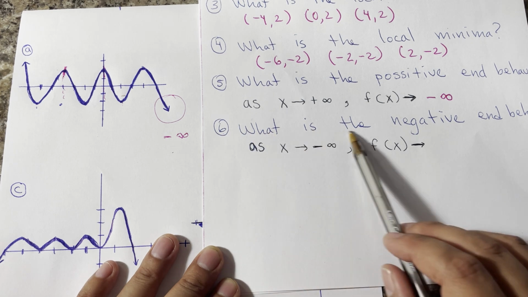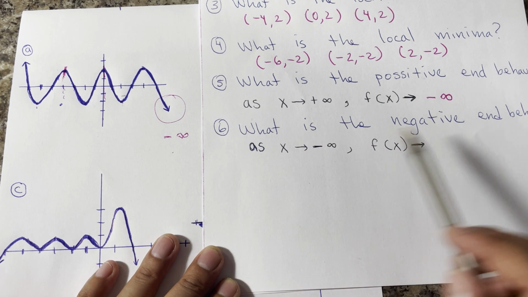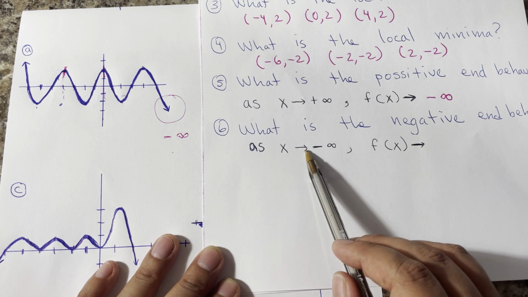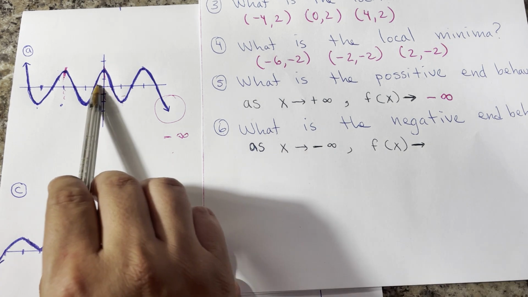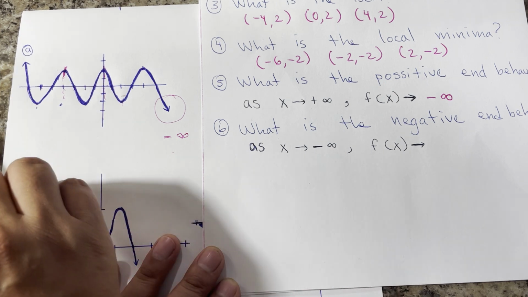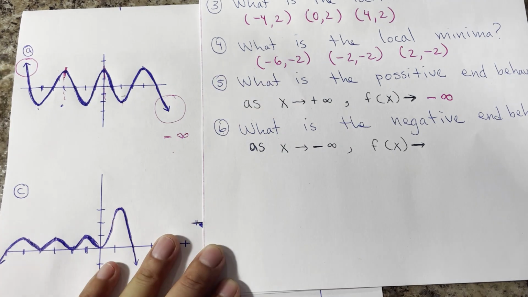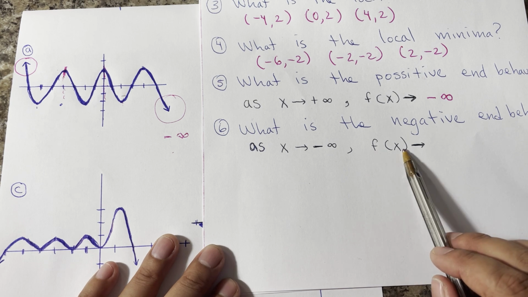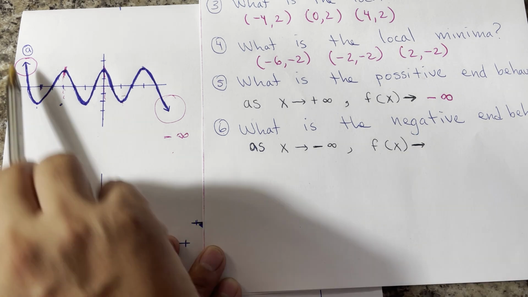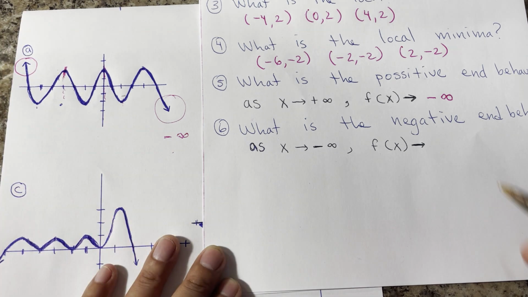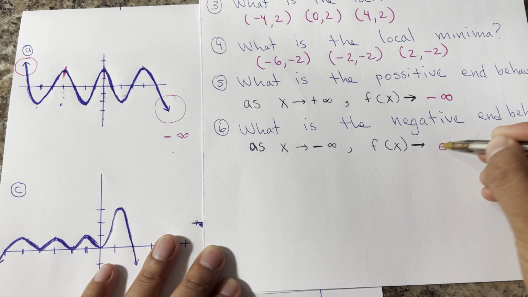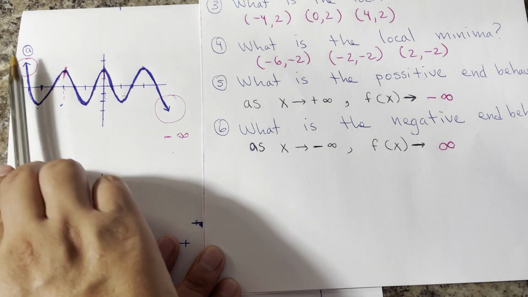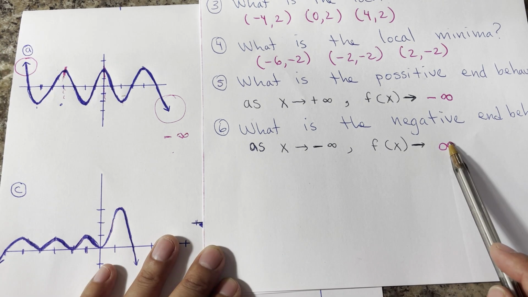Number 6, what is the negative end behavior? As x approaches negative infinity, it just means the left. And so f of x, meaning the value of y, is approaching what? It's going towards positive infinity because it's going up. So basically, if it points up, it's positive infinity.